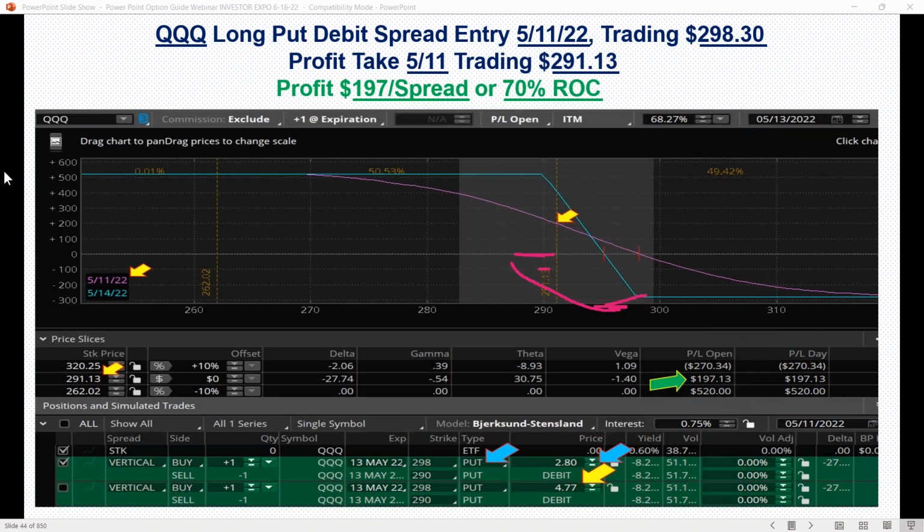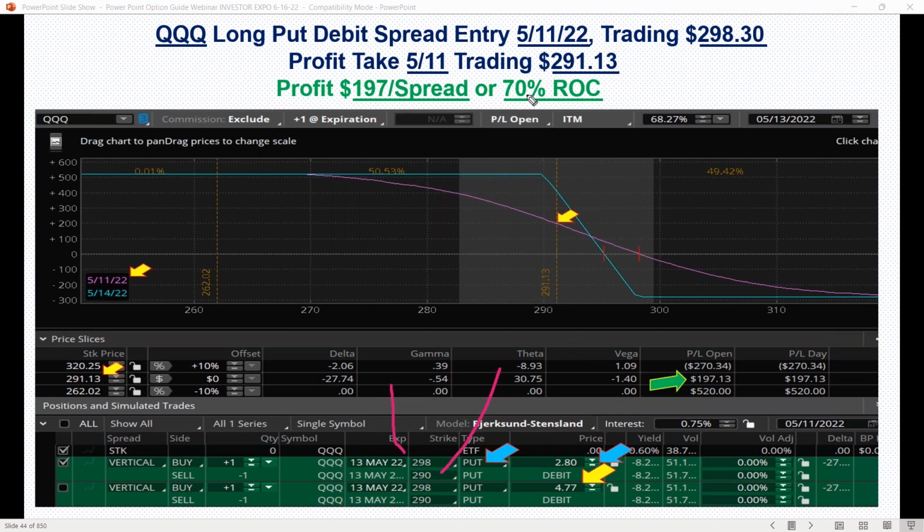So originally, the original debit spread. In this trade, we bought the 298 put right there, 13 May, and these are weeklies, and sold against it the 290, so an $8 wide spread. You can see that. Our cost of the trade was 280, and when we took it off in this example, it was up to 197.